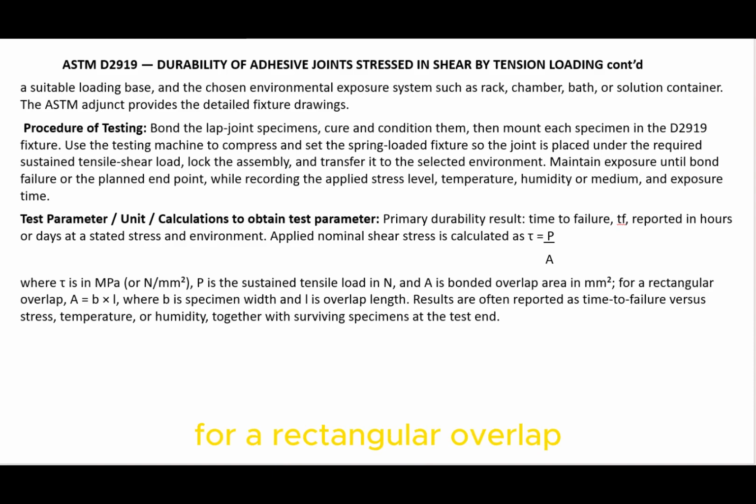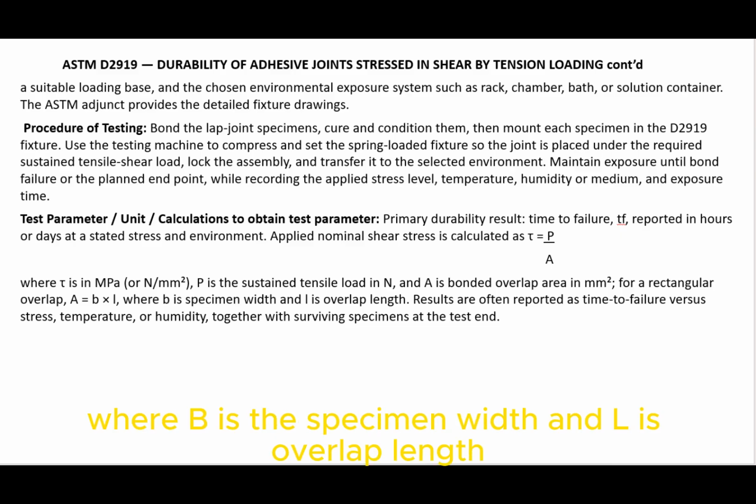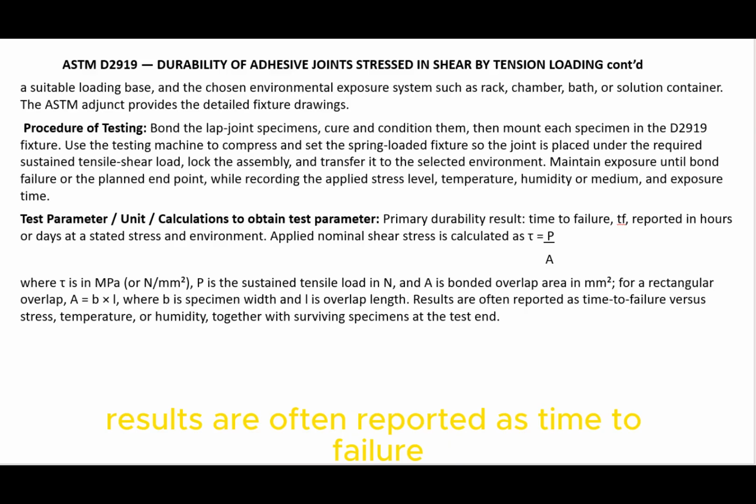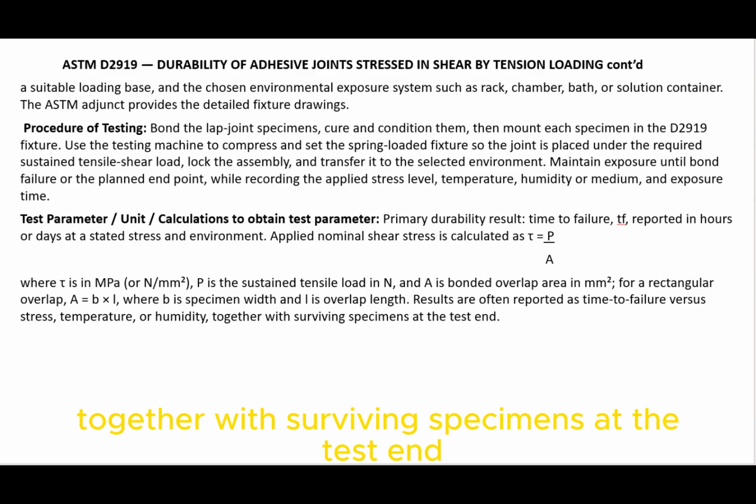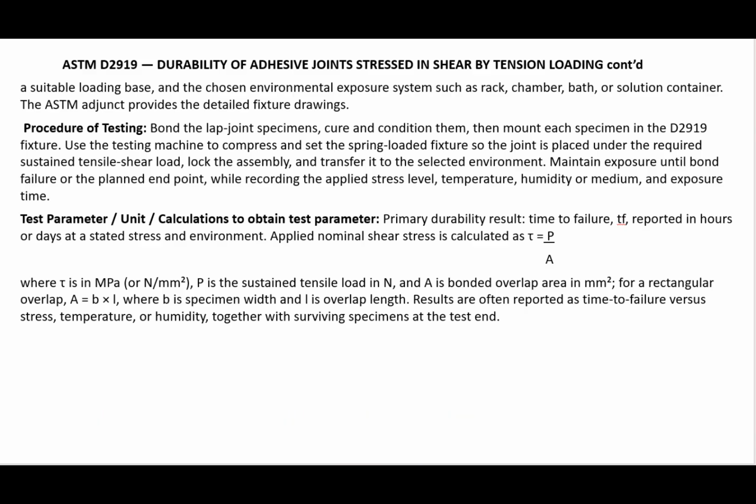For a rectangular overlap, A equals B times L, where B is the specimen width and L is overlap length. Results are often reported as time to failure versus stress, temperature, or humidity, together with surviving specimens at the test end.